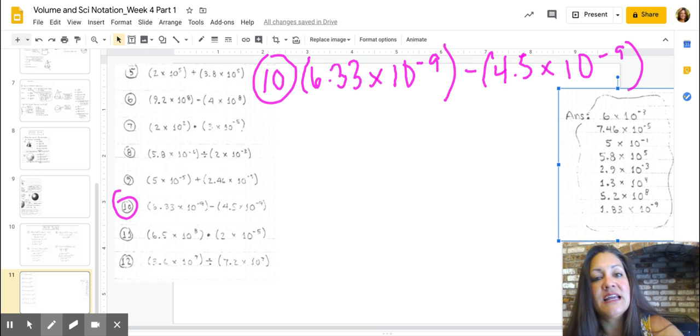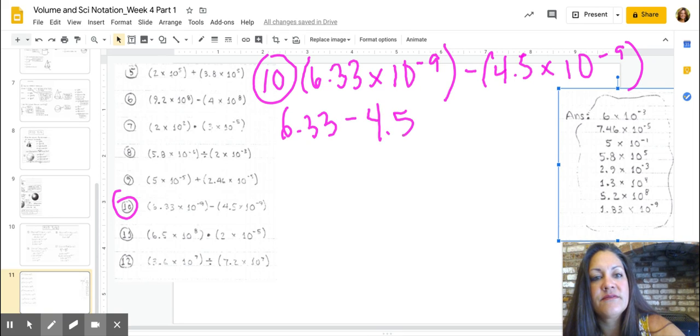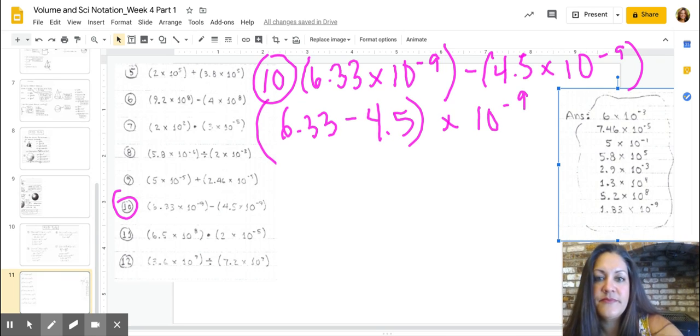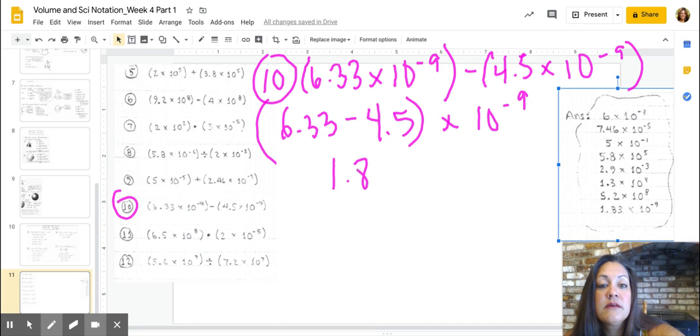Same power of 10, so we have 6.33 minus 4.5 times 10 to the negative 9th. 6.33 minus 4.5 equals 1.83 times 10 to the negative 9th.